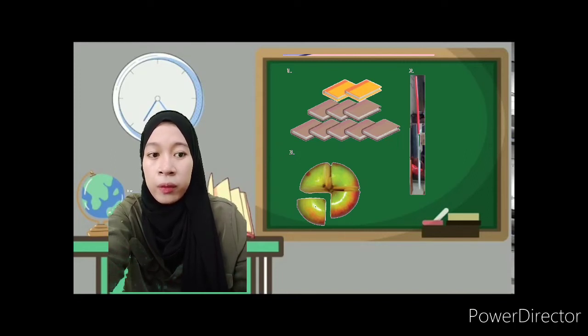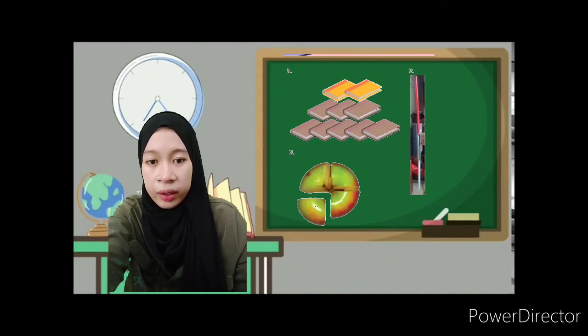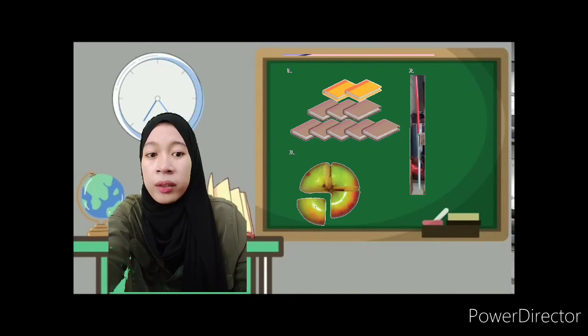If one part of the fruit has been eaten, then 3 parts are left. The fraction for the uneaten apple is 3 out of 4 equal parts. The fraction statement can be written as 4 over 3.